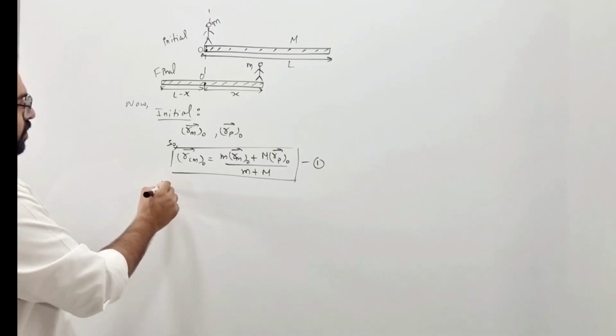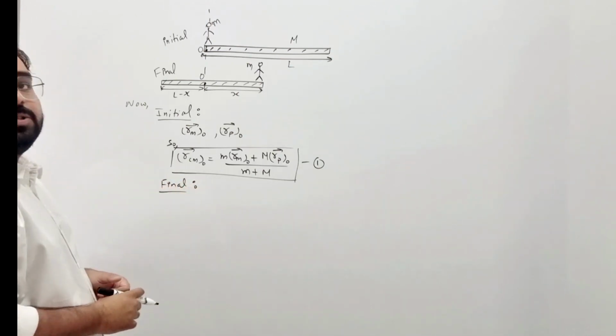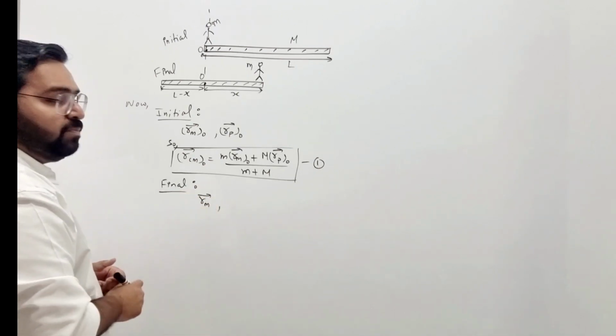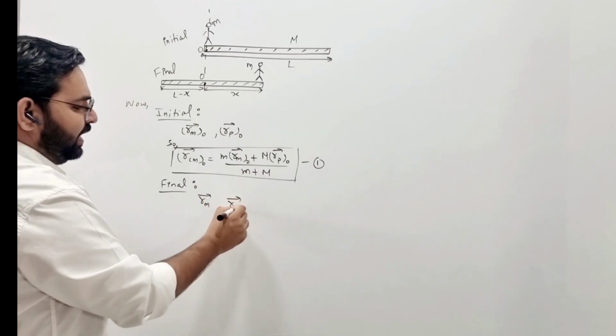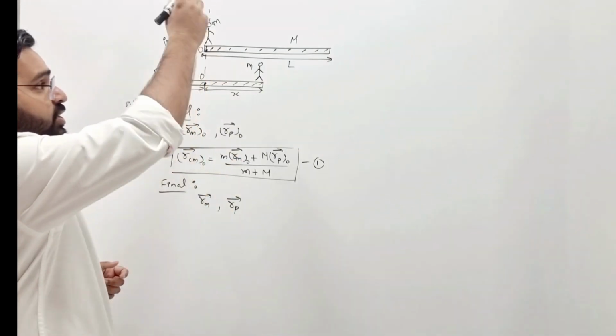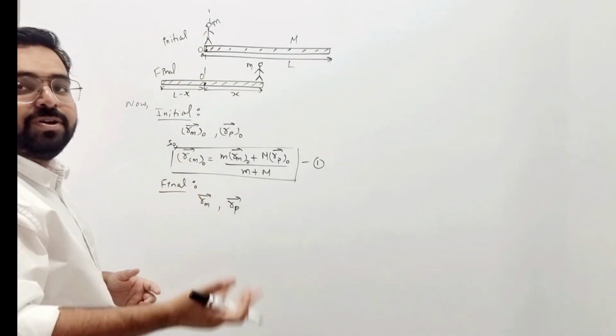Now, for the final condition, let's suppose the position of the person is given as Rm and the position of center of mass of the plank is given as Rp. Now, pay attention that we are only using general terms. We have still not mentioned what the conditions for this problem are. We are doing this so that we can use the same concept for multiple problems.